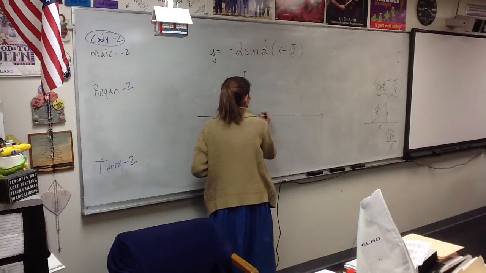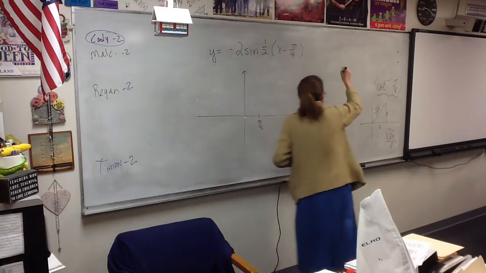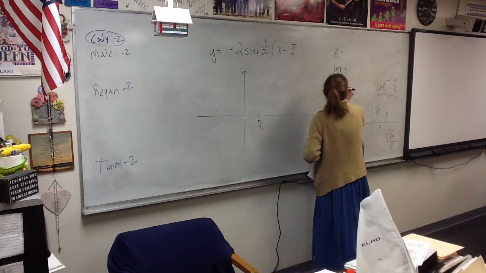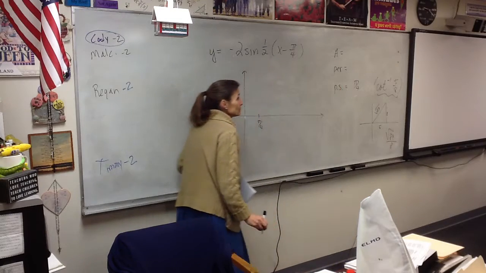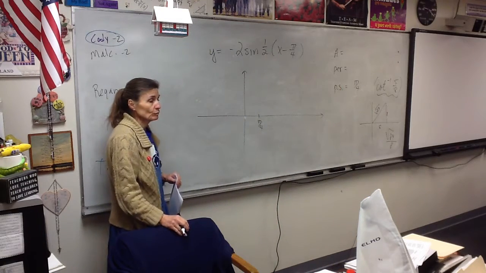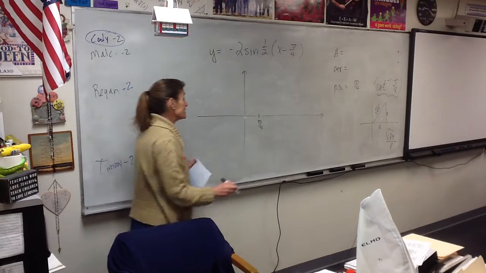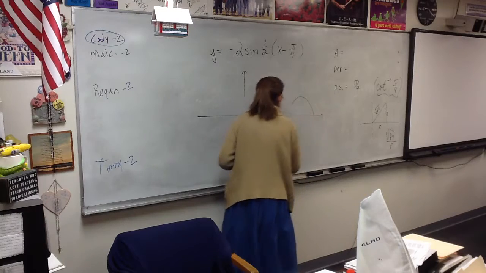It's going to go down. This one has a phase shift or a horizontal shift of pi over 4. It's a negative sine curve, so it's upside down, valley first and then hill.